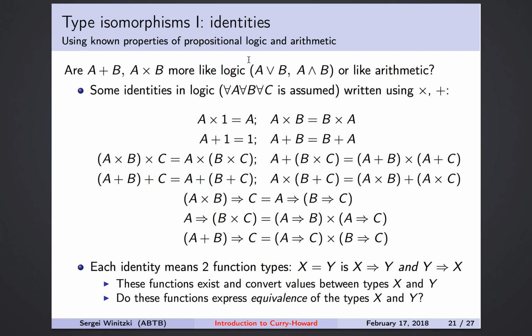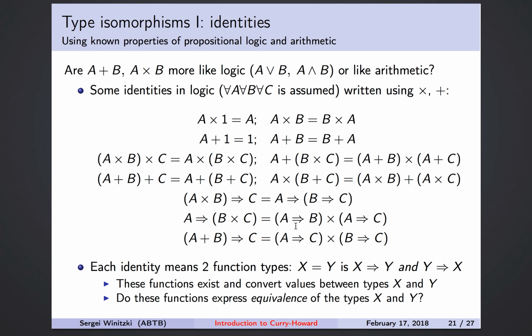So what are the properties of these types, really? So are the properties such that it is better to think about these operations as plus and times rather than logical conjunction and disjunction? To answer this question, I looked at identities that we have in the logic.